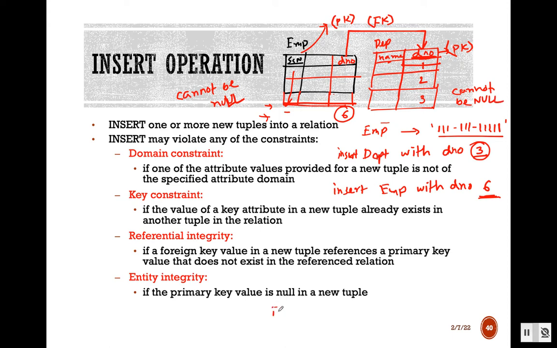So if you are trying to insert an employee with a null SSN, that will violate the entity integrity constraint. If you are trying to insert a department with a null DNO value, it will violate the entity integrity constraint. So it looks like the insertion operation can violate actually all types of constraints.